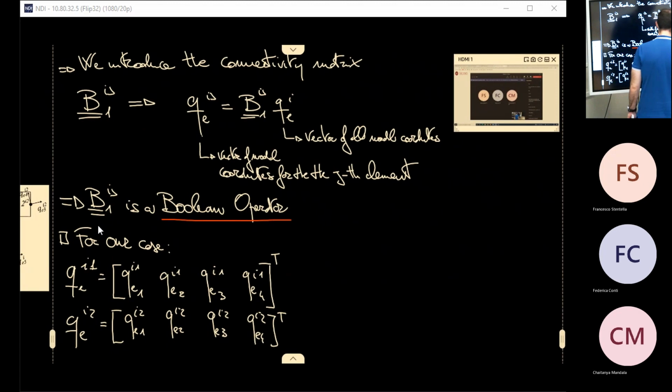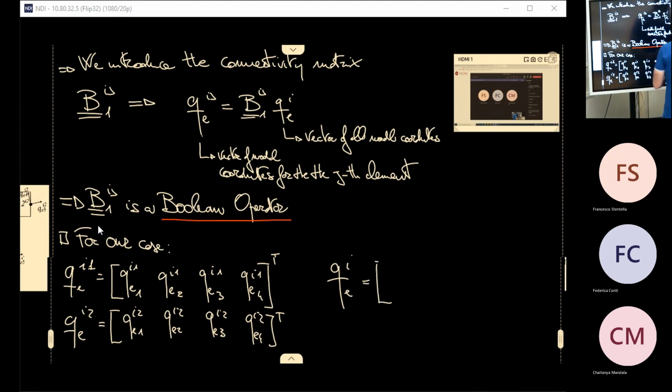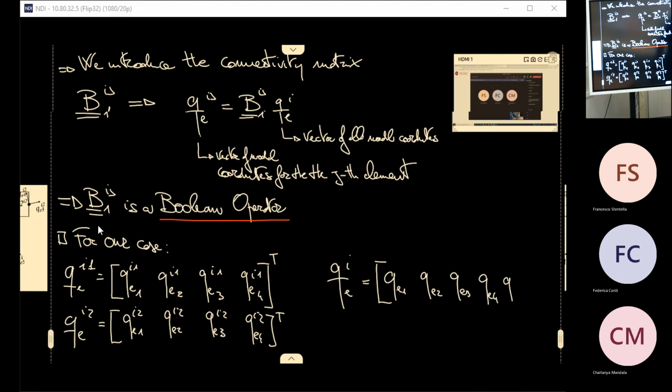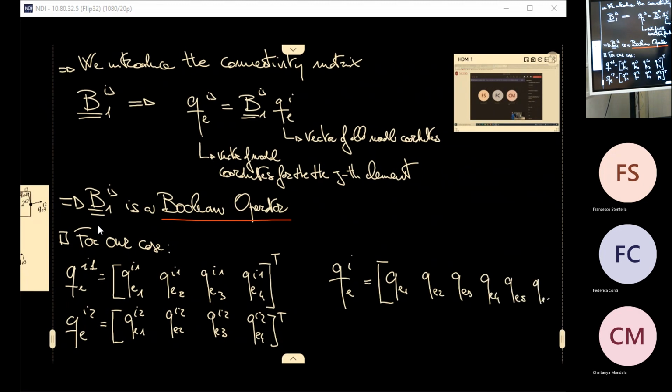And the same for element 2. Meaning, so you have these two vectors of nodal coordinates for the two elements, and we said that QEI was in fact QE1, QE2, QE3, QE4, QE5, and QE6.